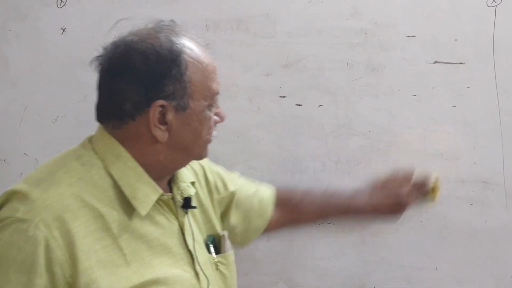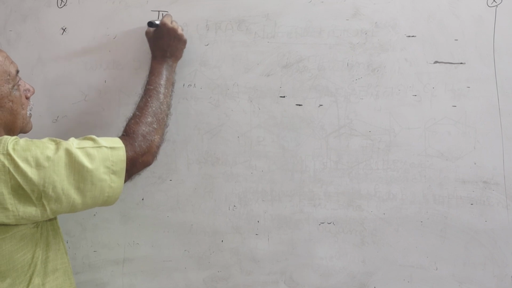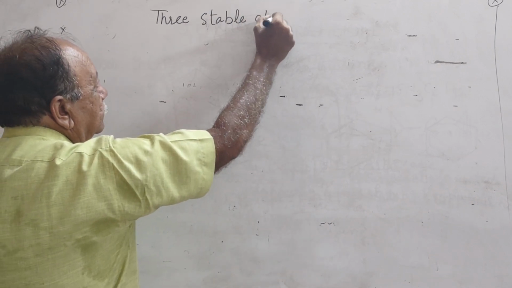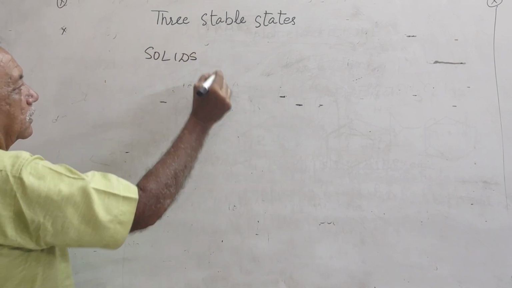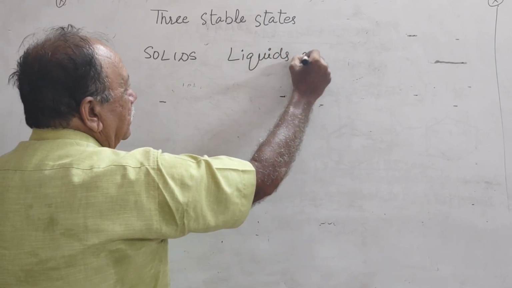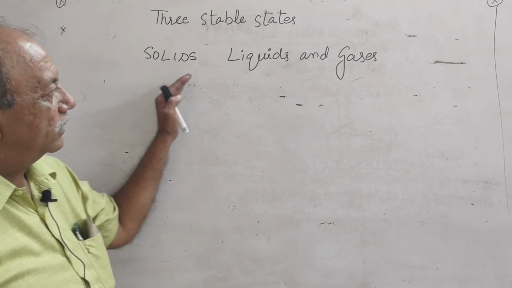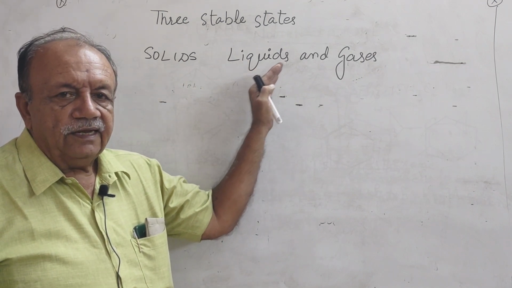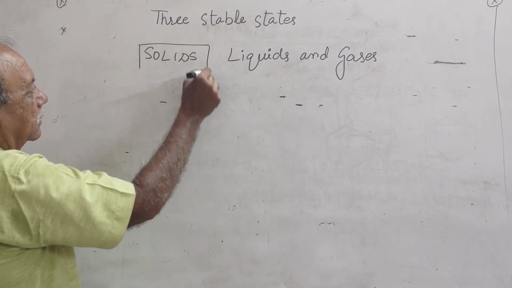They are solids, liquids, and gases. We shall take one by one what are solids, what are liquids, and what are gases. Just like we start with solids.